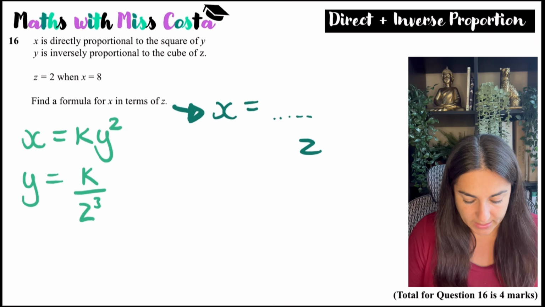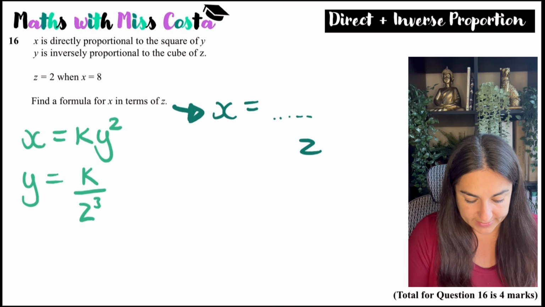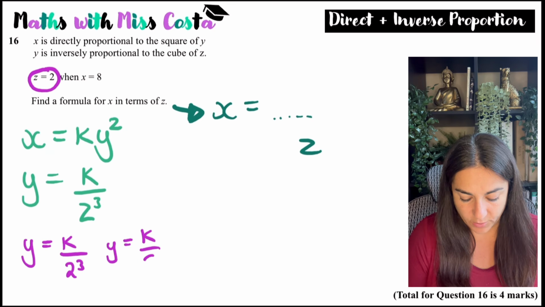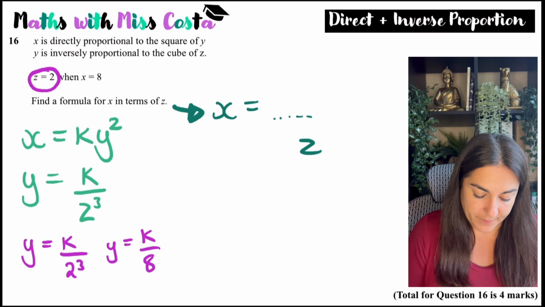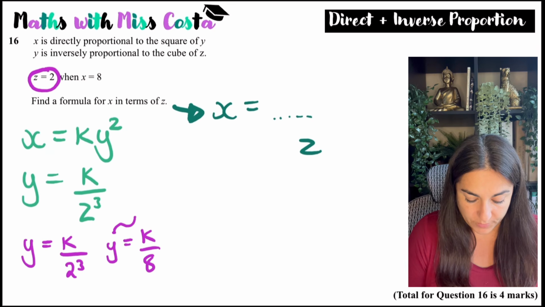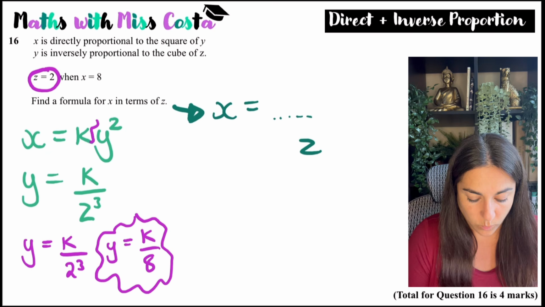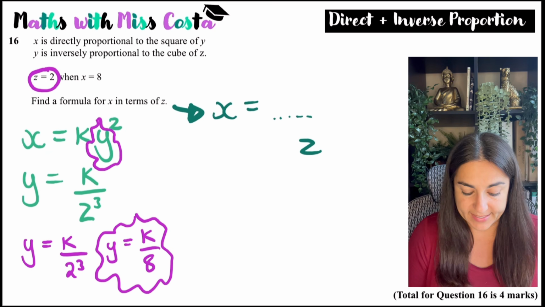Well, let's see what happens when I put z equals 2. So I know that y equals k over 2 cubed. So therefore y equals k over 8.